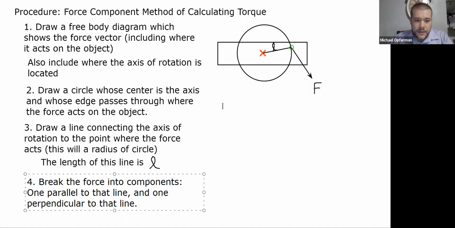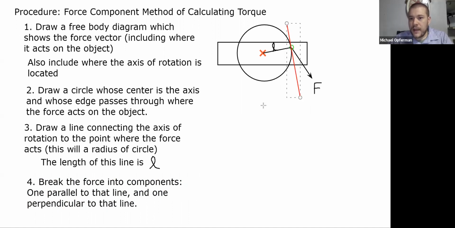In my picture here, remember when you break a force into components, you're always visualizing a right triangle. So one side of my triangle should be along the tangent to the circle, like that, and one side should be along the extension of L, like that.